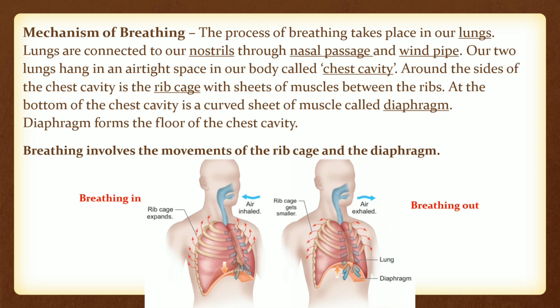Around the sides of the chest cavity is the rib cage with sheets of muscles between the ribs. At the bottom of the chest cavity is a curved sheet of muscle called diaphragm. Diaphragm forms the floor of the chest cavity, and breathing involves the movements of the rib cage and the diaphragm.